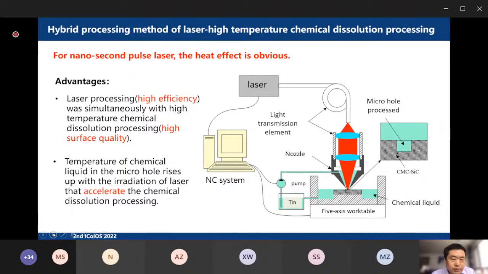We use laser processing to drill the microhole, and simultaneously we use the laser to warm up the chemical liquid in the microhole to accelerate the dissolution of the oxide layer. So we can get a higher surface quality. That means laser processing is high efficiency, and chemical dissolution processing can obtain high surface quality. So please, next.